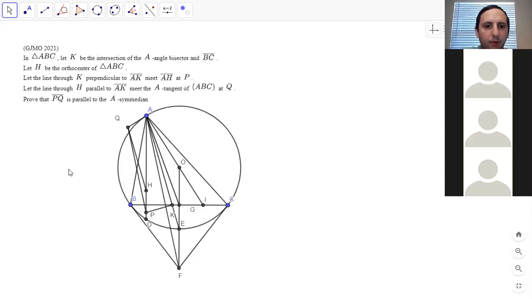So yeah, we have to use somewhere that H is the orthocenter. Actually, calculating AP is not that hard. Calculating AP is easy, but AQ is not that easy. AQ is harder, right? Yeah.